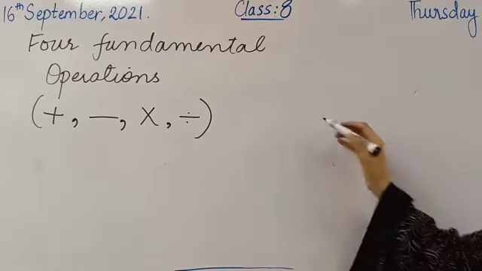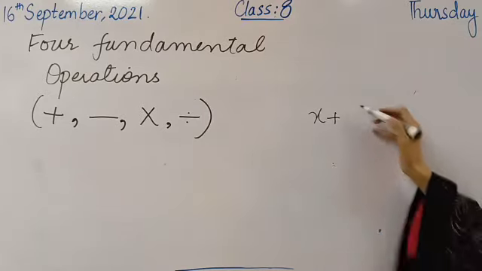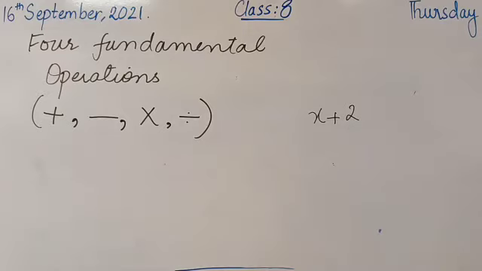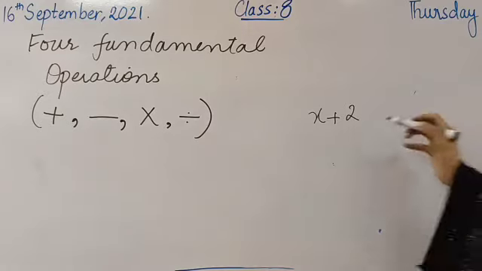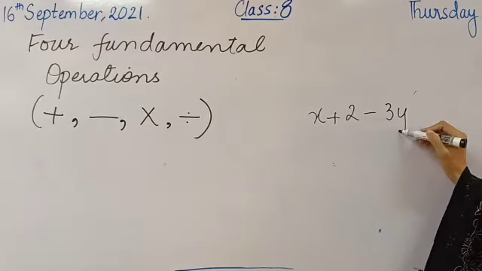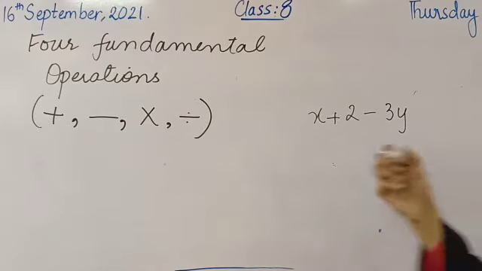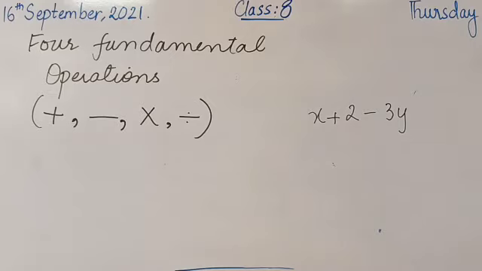Any number or variable, for example x plus 2, this is an expression. Minus 3y, this is also an expression. So how will you define an algebraic expression? Any number, variable or a combination of numbers and variables connected by one or more fundamental operations is called an algebraic expression.